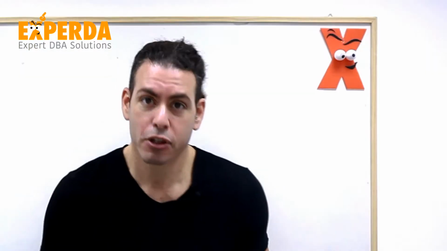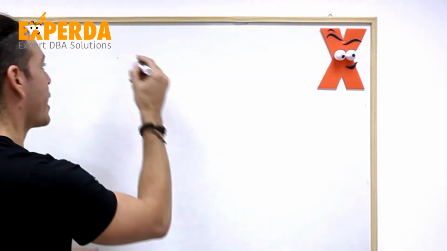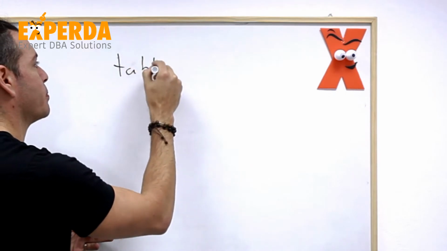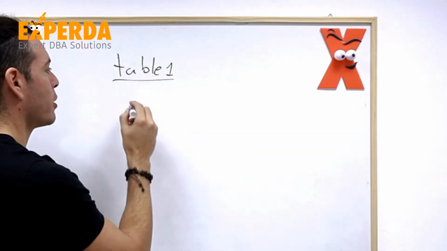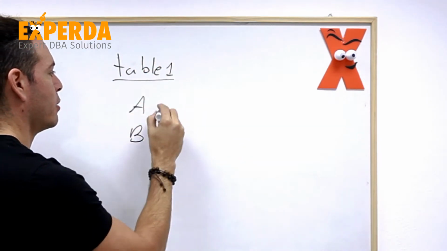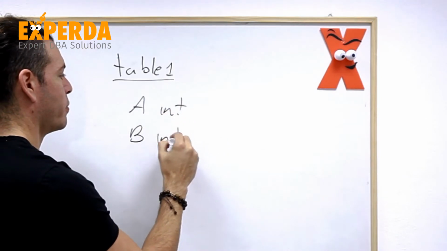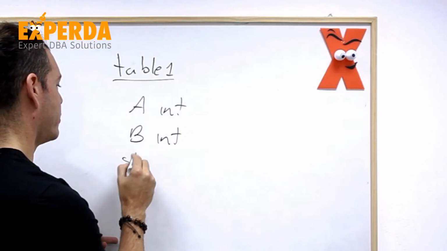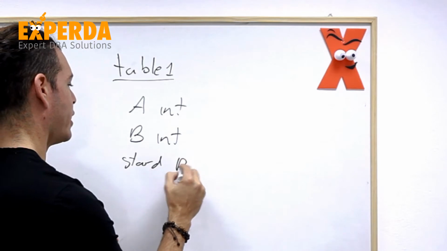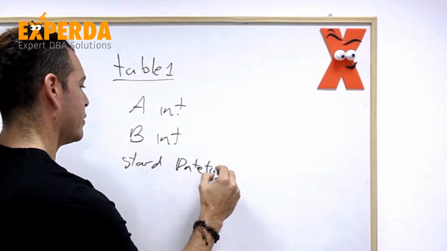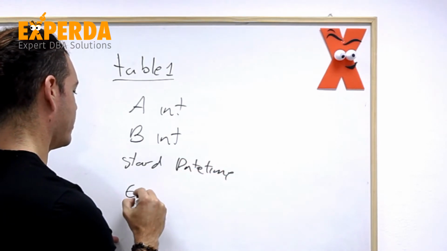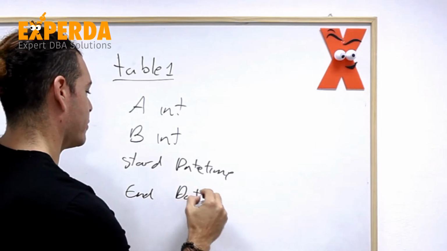So hypothetically, if we had a table 1 with columns A and B, which is integer and integer, and start, which is a date, and an end, which is also a date.